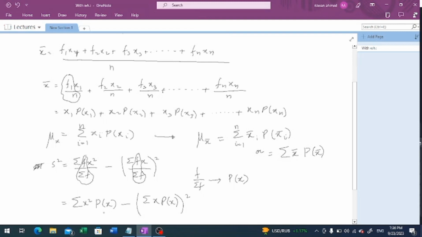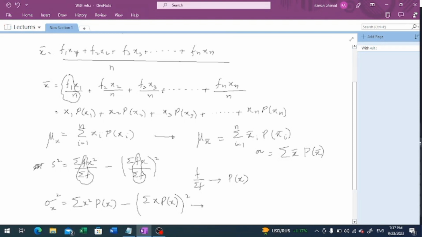But since we have changed the right hand side of the formula to probability terms, it should be a generalized version, and consequently we can write it down in this way. This is now referring to the population variance of variable x or random variable x.